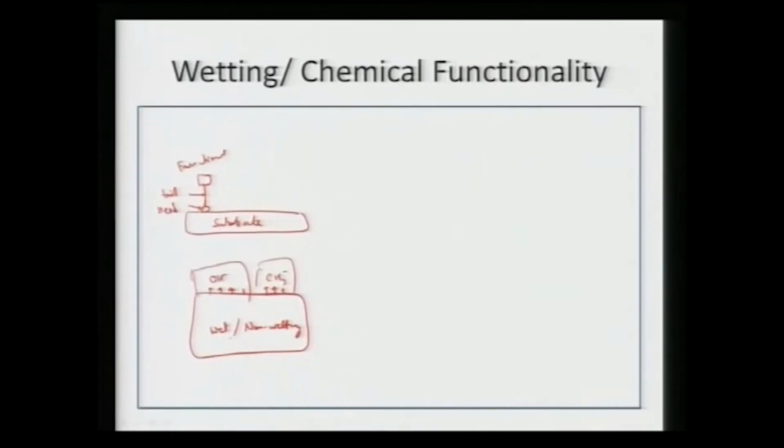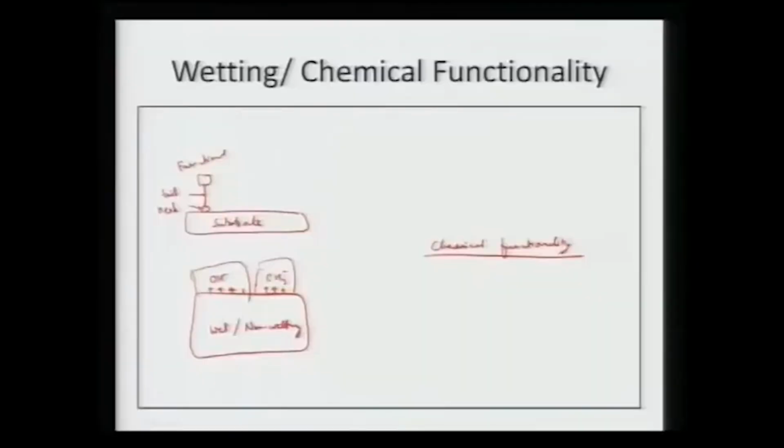At the same time, we can also play with the chemical functionality. In this case we can make it physically either attractive to water or repellent to water. We can also utilize chemical functionality to impart certain characteristics to a material.